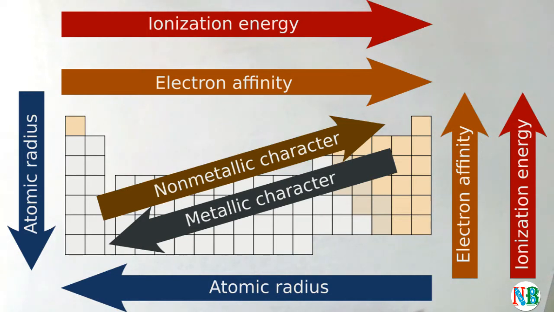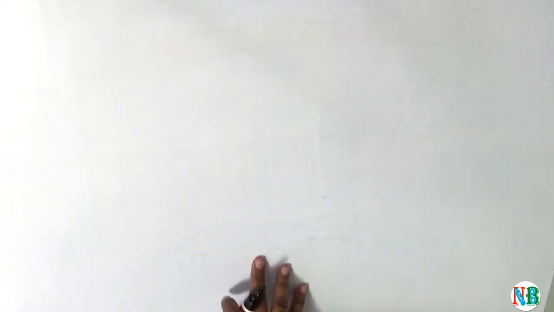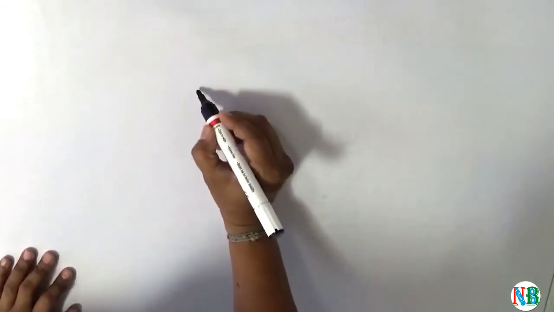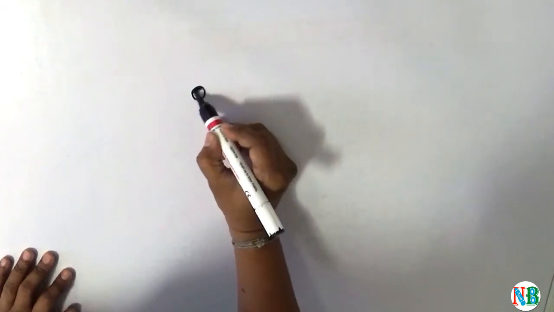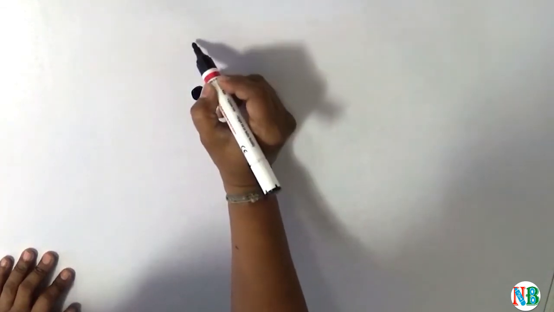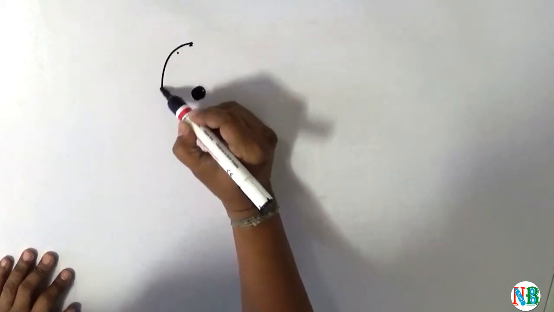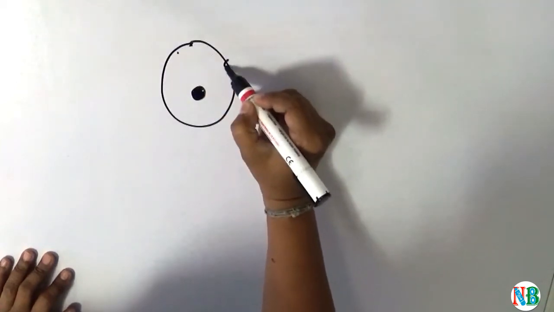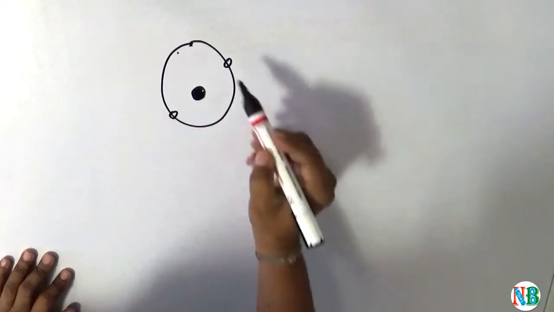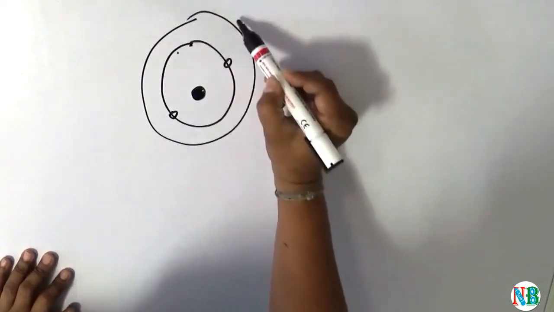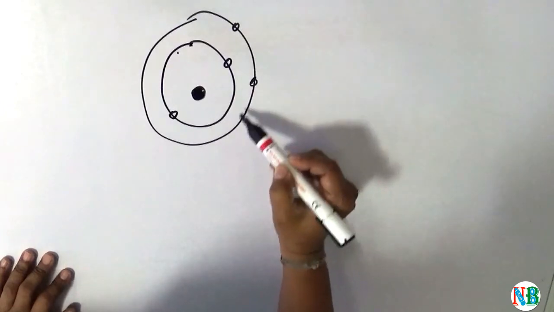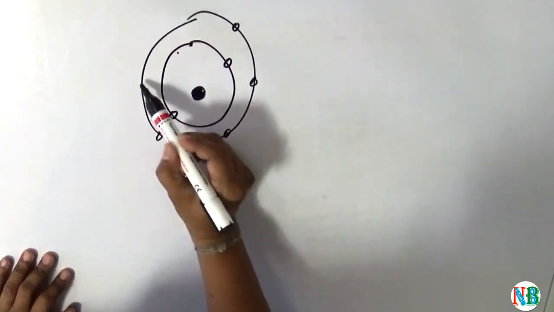What is atomic radius? Now you have a nucleus. This is the nucleus of an atom. Say this is one orbit, having 2 electrons, and one more subshell having, say, 6 electrons.